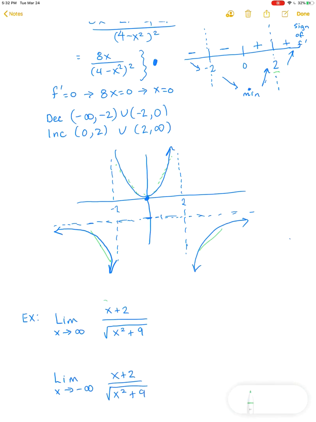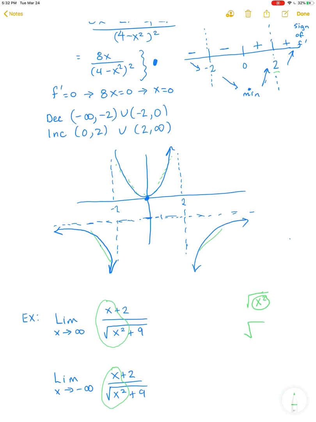Now, I said we'd look at the degree on top and on the bottom, but my claim is they're the same degree. The square root of x squared behaves like x. Kind of. Remember that when I take a square root of something, it has to be positive. So this operation happens first, and then I take the square root of it.